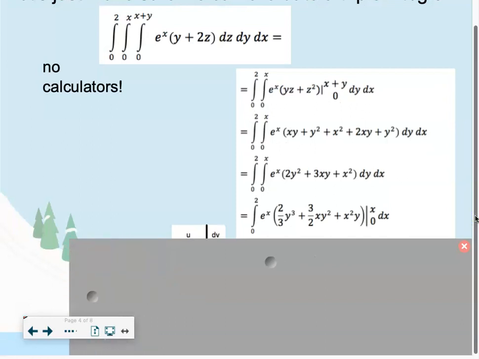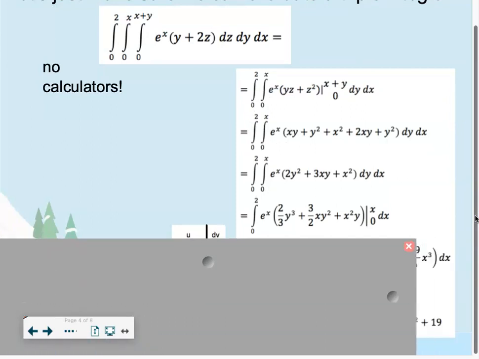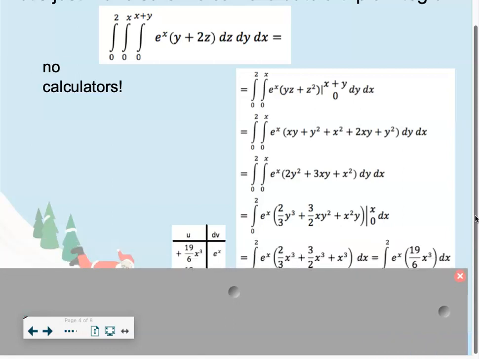So what ends up happening once you plug in x's for all of your y's and you clean it up, you end up with 19/6 times e to the x times x cubed.